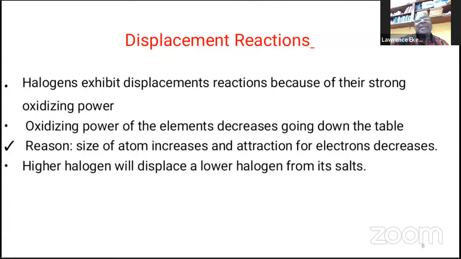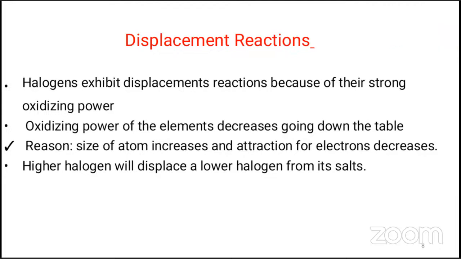Another reason is the attraction for electrons, and the effect of nuclear shielding from the inner shells. So as you go down the group, the attraction for electrons decreases.